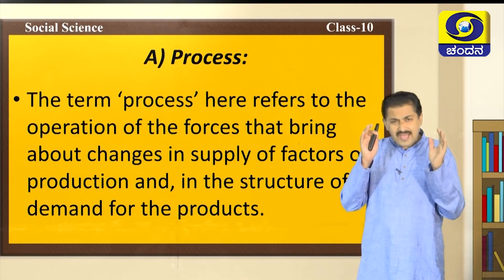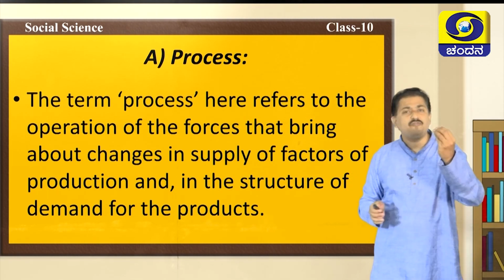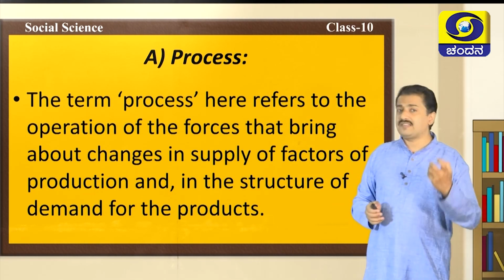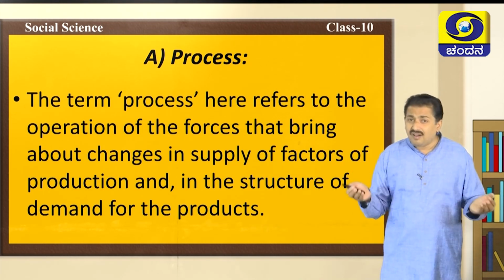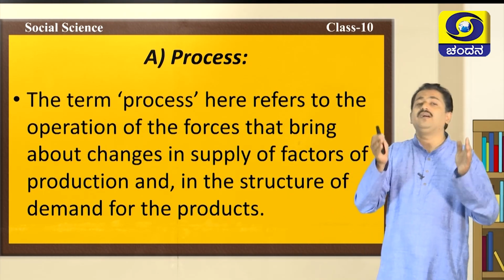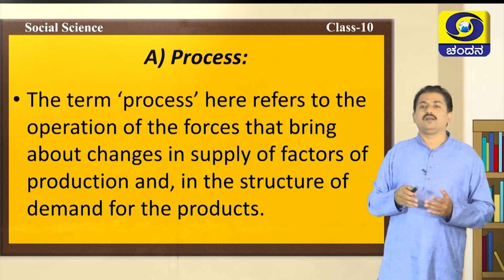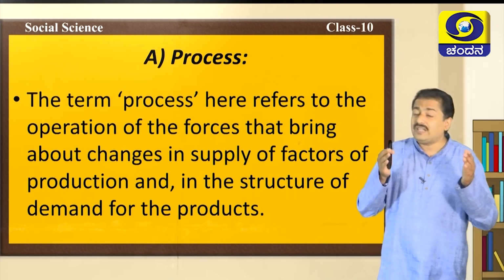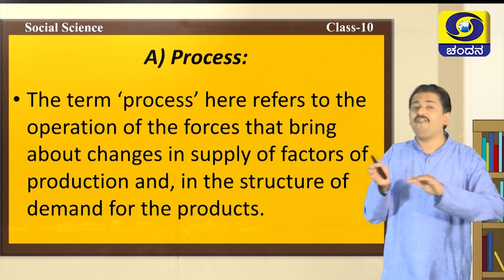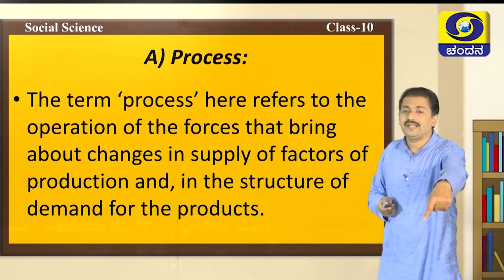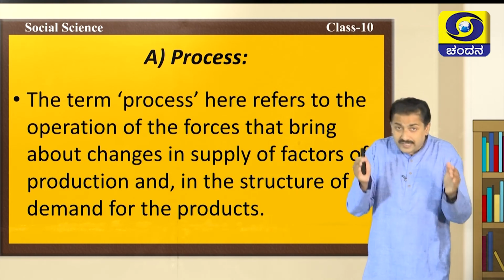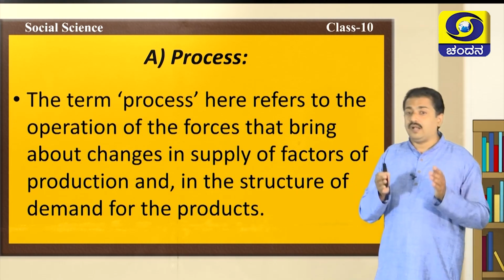You produce anything, you require certain factors of production, say for example land, labor, capital, all these are very much required to produce any product. So, the changes that evidence in the supply of factors of production directly affects the economic development. So, it affects the production.